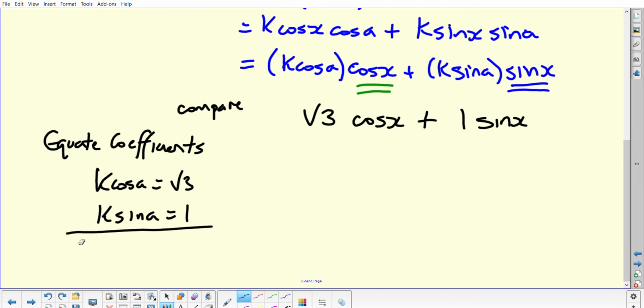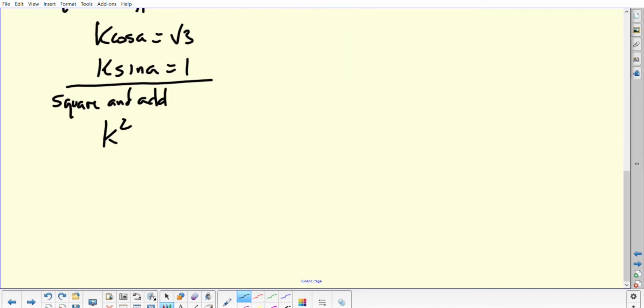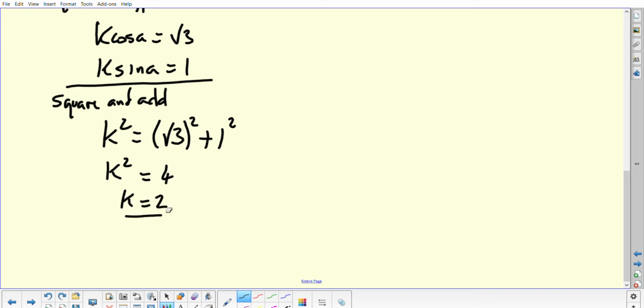And as routine, square and add, and you'll work out what your k is. So your k squared is worked out by doing root 3 squared plus 1 squared. Root 3 squared is 3, plus 1 squared is 4, so k squared is 4, so k will be equal to 2 for this one.